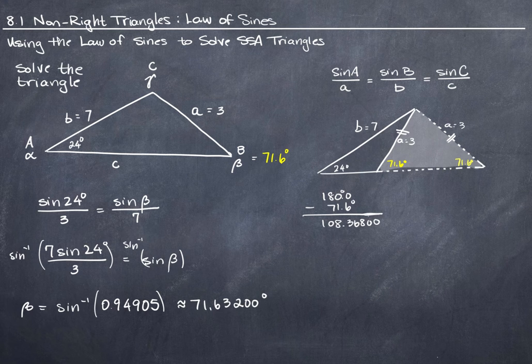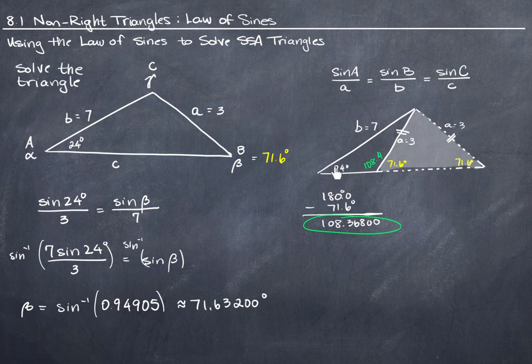And I get 108.36799978. So to round to 5 decimal places, I need to make that 99 at the end. I need to round both of those up, and I get 108.36800. So this angle right here is 108.4 degrees. I'm going to hang on to this more accurate value in case I need it later.